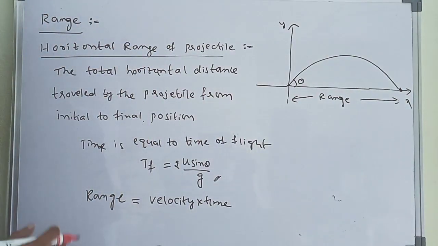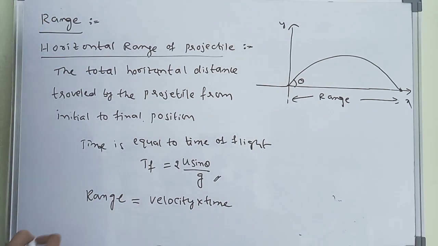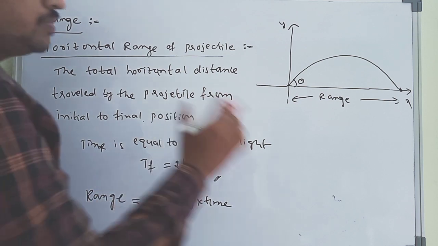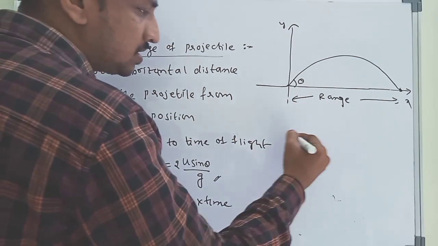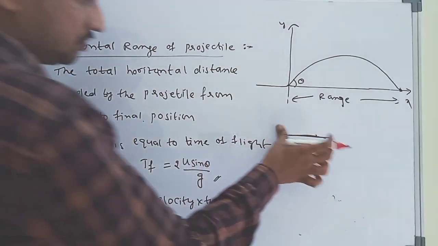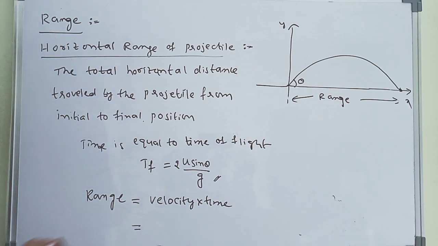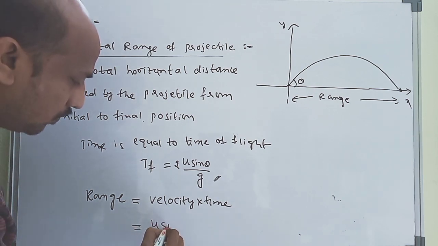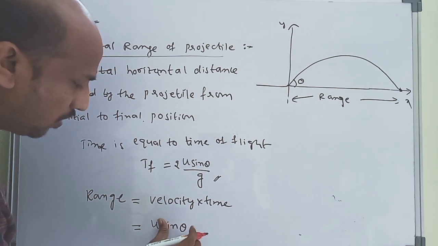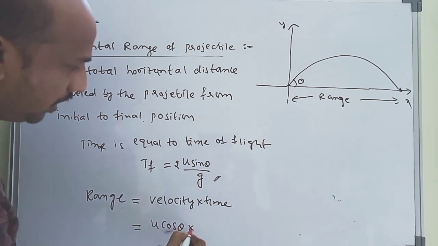So this is a range or displacement, or distance also, because distance and displacement are the same in a straight line direction. So what is the velocity? u cos theta. Horizontal is always u cos theta, into time.